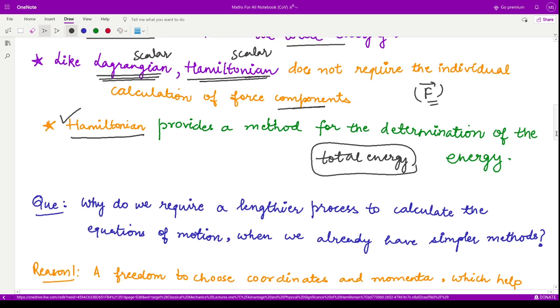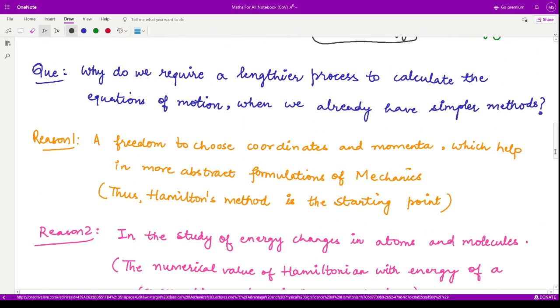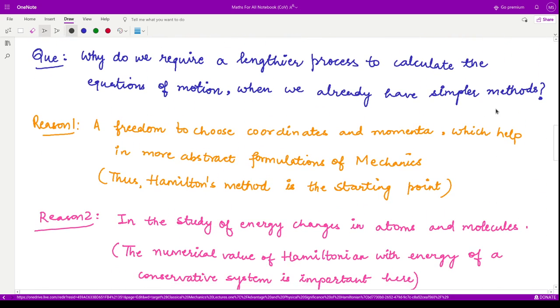In the last video I told you that calculating the equations of motion using Hamilton's canonical equations or the Lagrangian equations is quite a lengthier process compared to calculating them from Newton's equation. So why do we do so when we have simpler methods for the simpler cases?